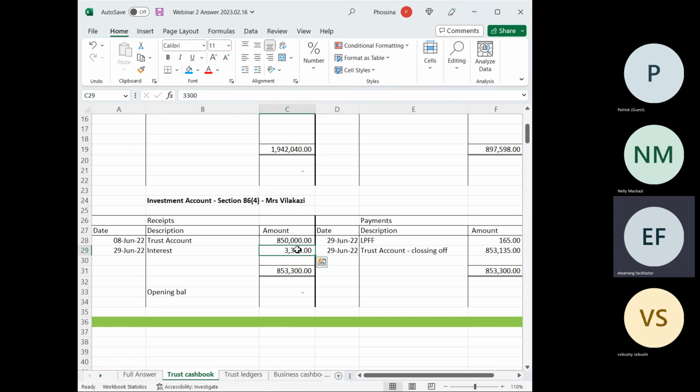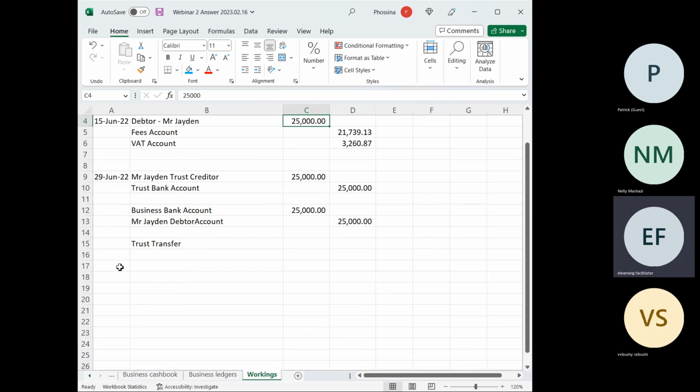So in this case, it's 3,300. So this is the interest, 29 June 2022. So we've got interest and it was deposited in the investment account.